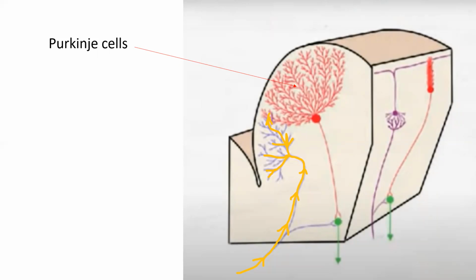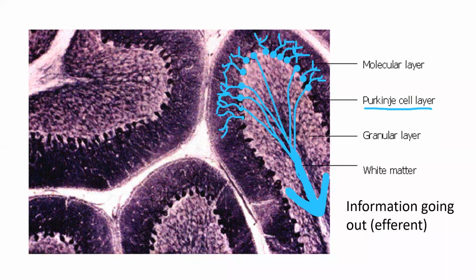information is then sent to various areas in the brain stem, like the thalamus, which can then influence neocortical regions or descending motor tracts to modify movement. Here you can see that the Purkinje cells create what's called a Purkinje cell layer, and the dendrites that are getting information from other parts of the brain create the molecular layer on top, and they're processing information.